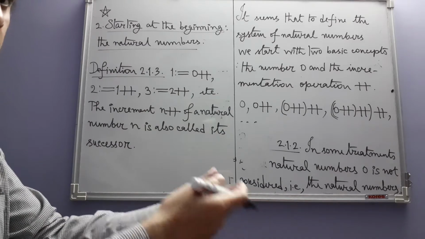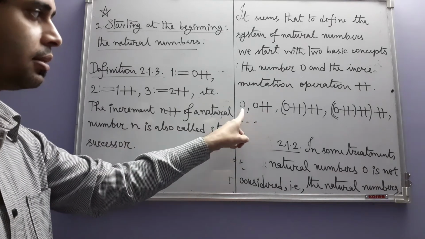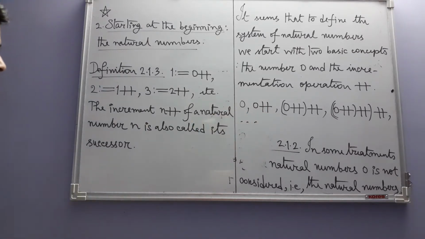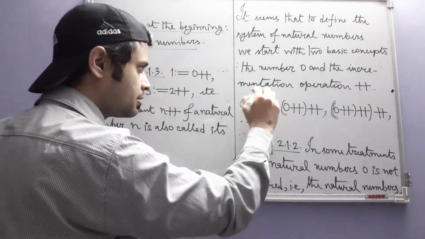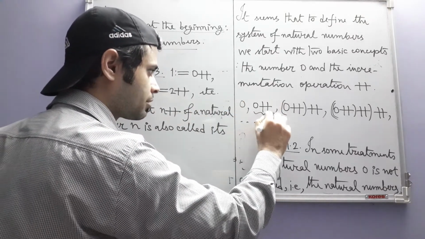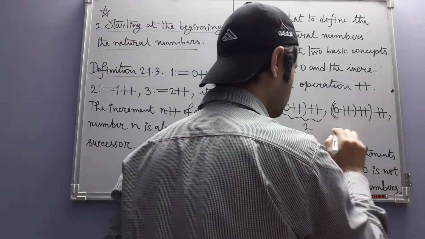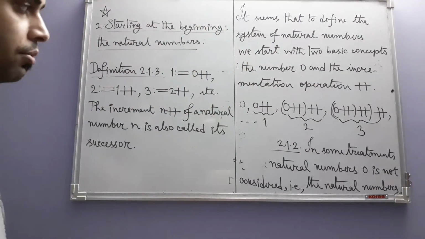Successor is the next one, predecessor is the previous one. So for example, we can say that 0 is the predecessor of 1. So this allows us to write these things in a more compact way. This is 1, this is 2, this is 3, in the usual way that we already know.